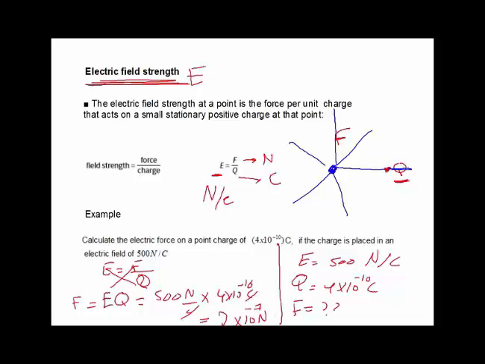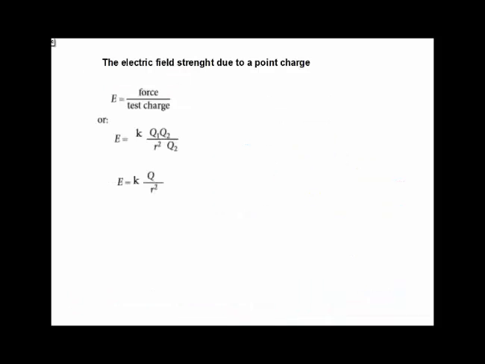Okay, now the electric field strength due to a point charge. Suppose we have a point charge here, which is Q1, and there is an electric field around this charge.